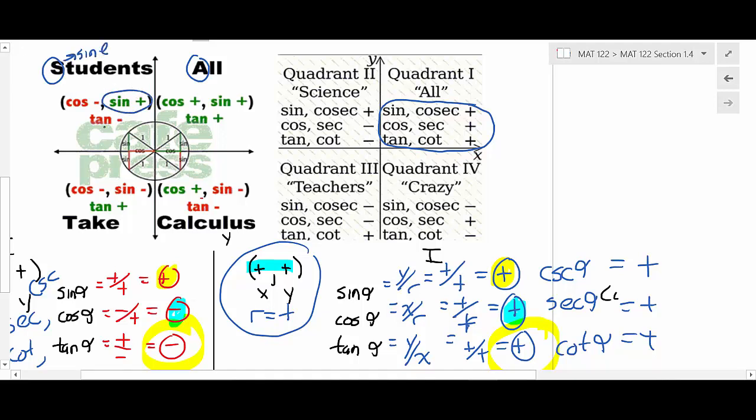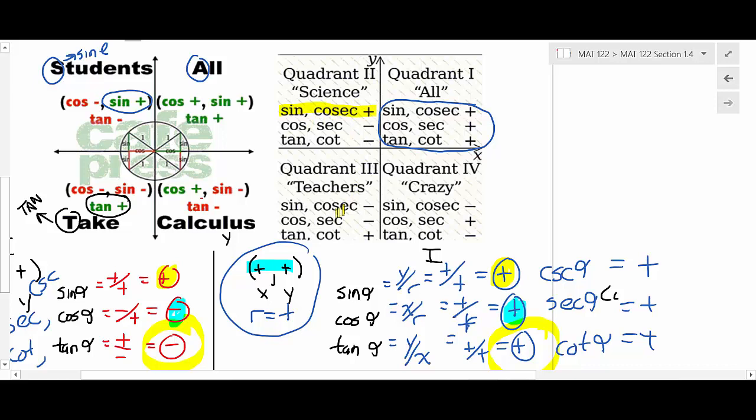Then the cosine and tangent are negative. Okay, and then technically this would work out this way. Sine and cosecant are positive in quadrant 2. Everything else is negative. If you go to quadrant 3, it says take calculus. That stands for tangent. So the tangent's positive, the other 2 are negative.